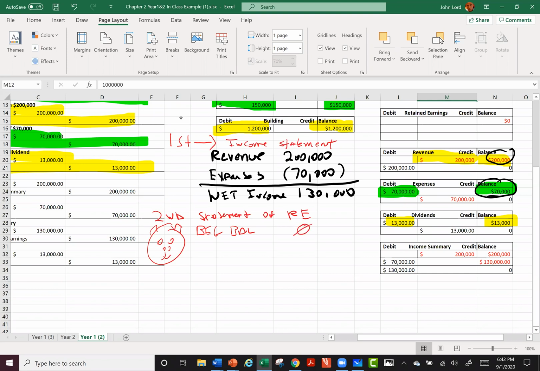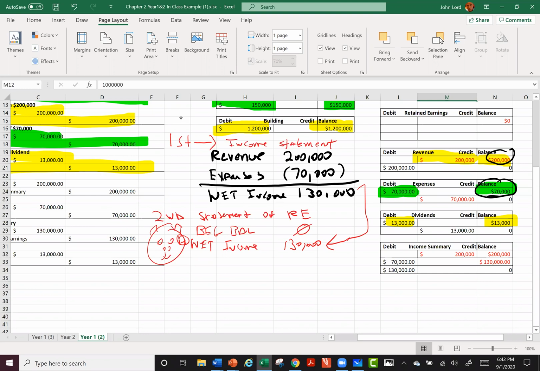Good. I haven't done anything before now, right? Then into my piggy bank goes my net income, so I add, I'm going to put an A there. My net income was how much? 130,000. See how it comes down from the income statement? Just pull it down there.